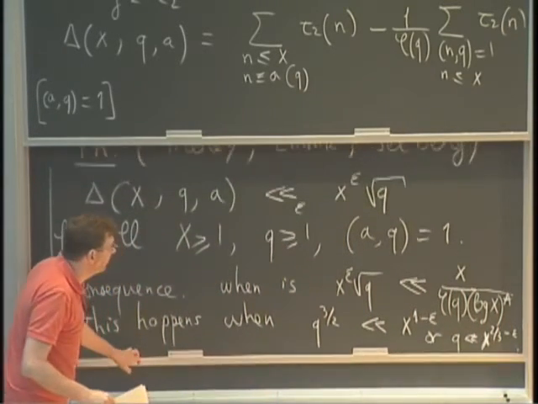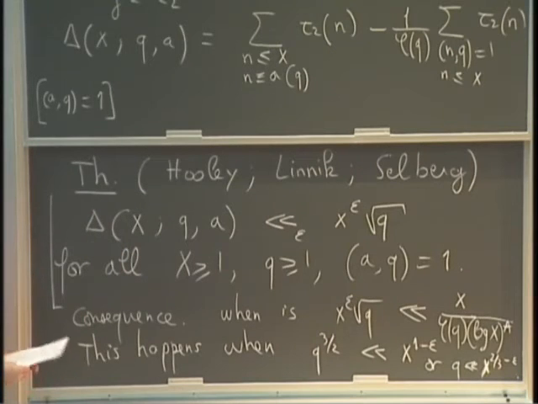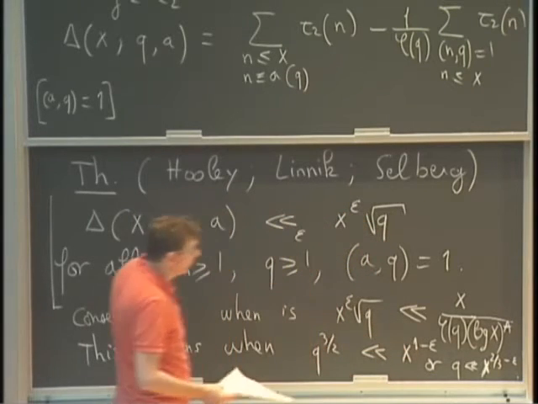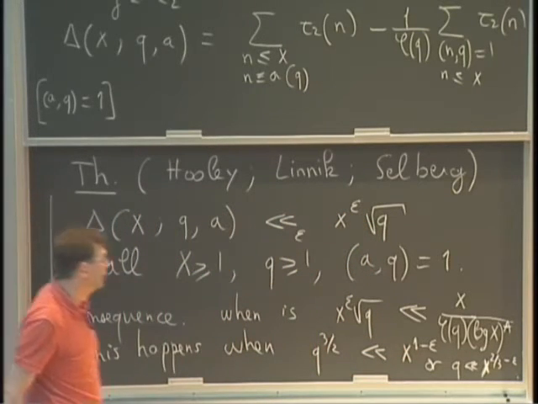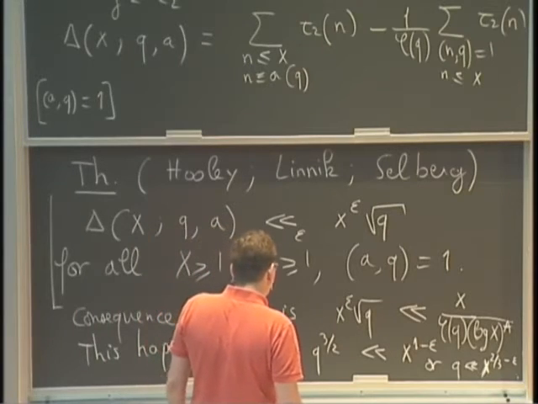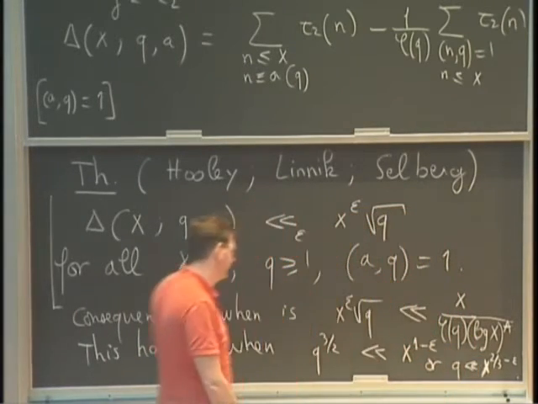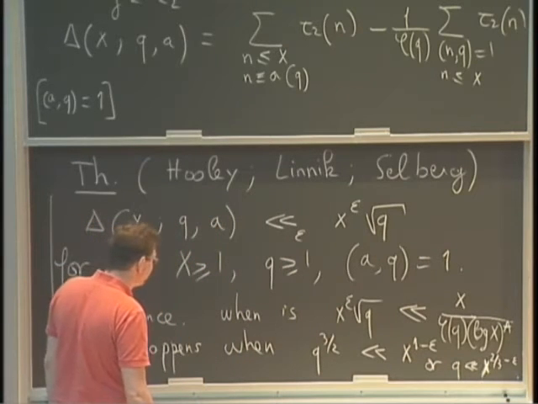So this theorem means that the strong exponent of distribution of the ordinary divisor function, well, it means that 2/3 is a strong exponent of distribution. Sorry, here that's minus epsilon.